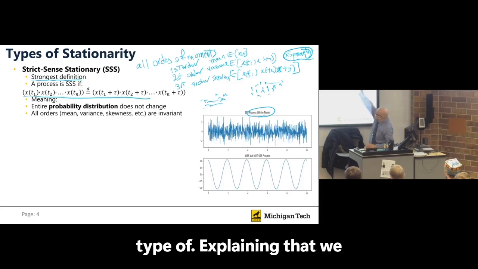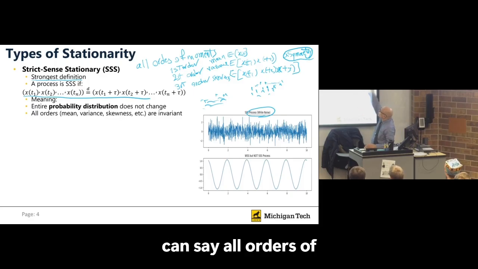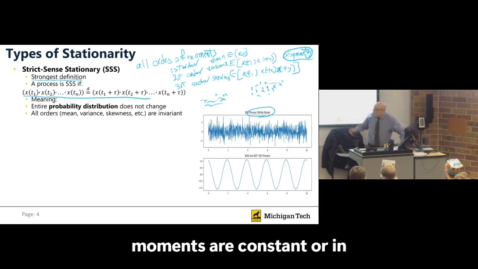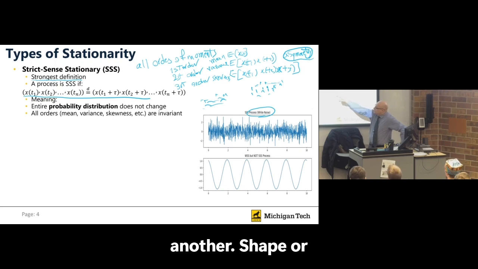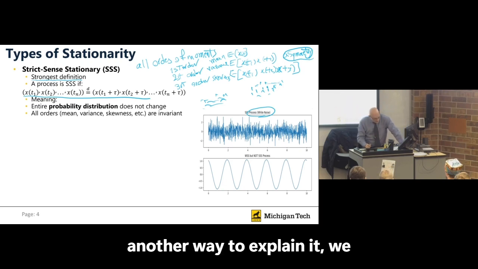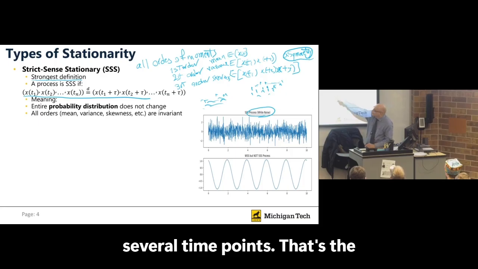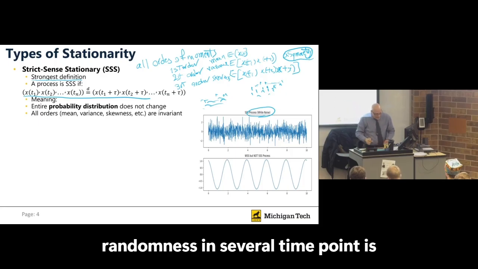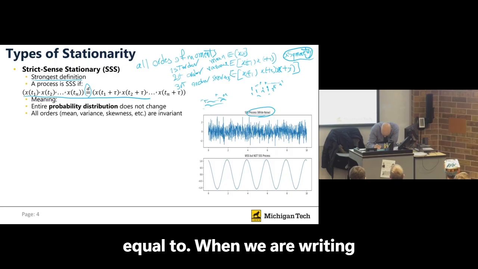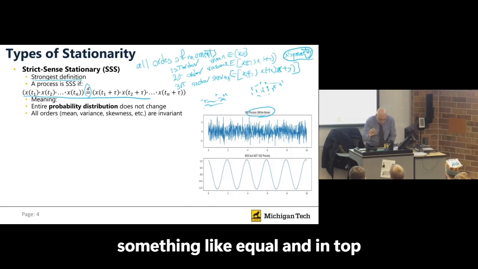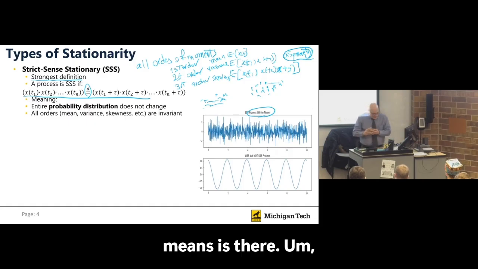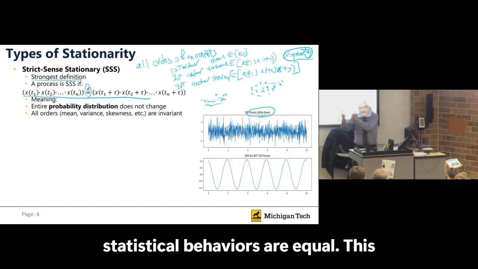This is one way of explaining that. We can say all orders of moments are constant, or in another way to explain it, we can say that the randomness at several time points is equal, when we write equal with a D on top, meaning their statistical behaviors are equal.